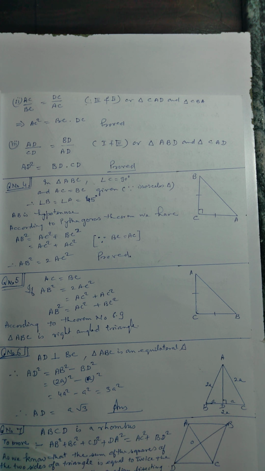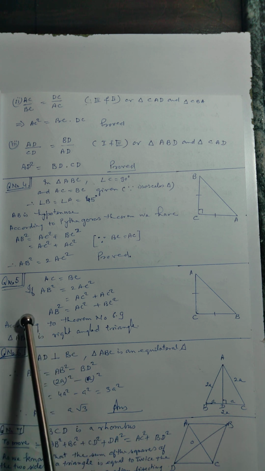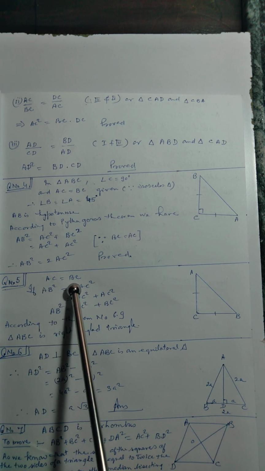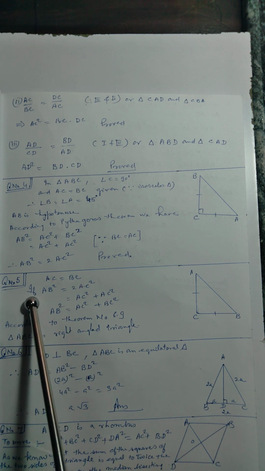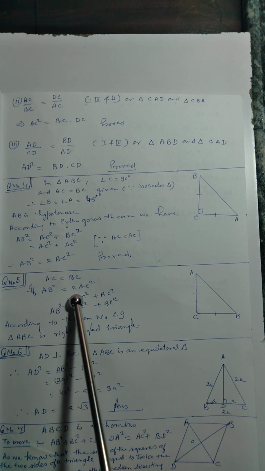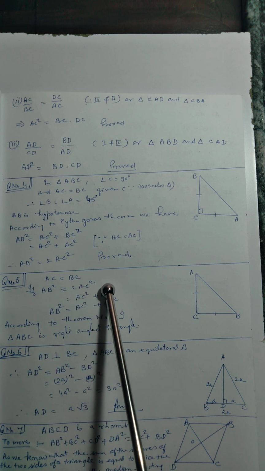ABC is an isosceles triangle with AC is equal to BC. If AB square is equal to twice AC square, prove that ABC is a right triangle. You see, AC is equal to BC, it is given. If AB square is equal to twice of AC square, it is also given.